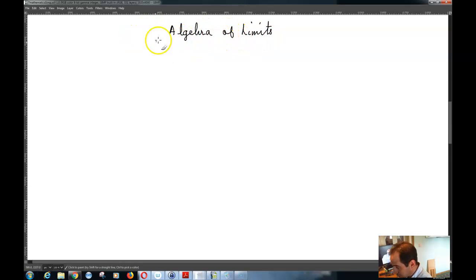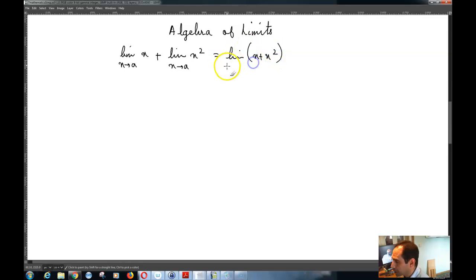For example, we saw that the limit of x as x tends to a, plus the limit of x squared as x tends to a, was equal to the limit of x plus x squared as x tends to a. We have seen this example, and we also saw some other example related to multiplication.